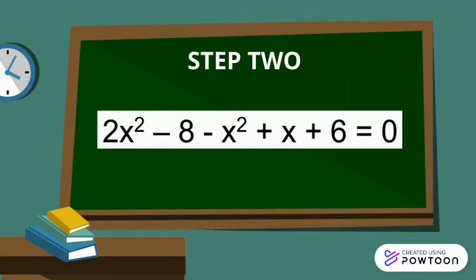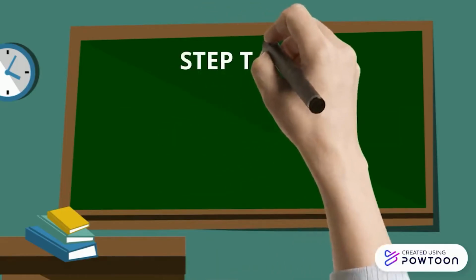Step 2. Match the equation to 0 and modify the signs accordingly. 2x squared minus 8 minus x squared plus x plus 6 equals 0. Step 3.